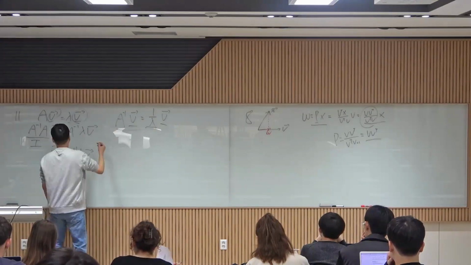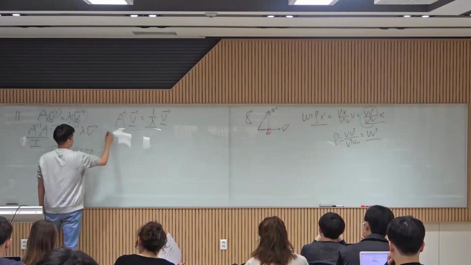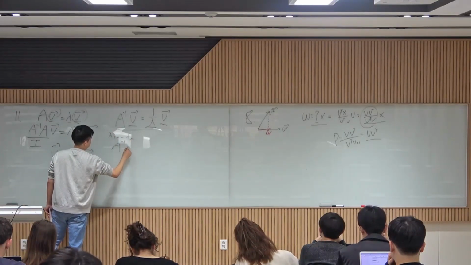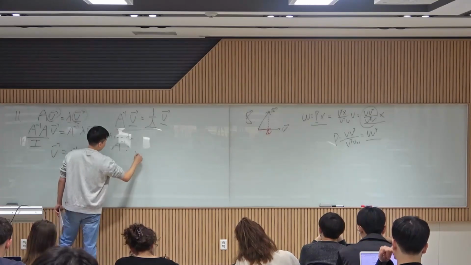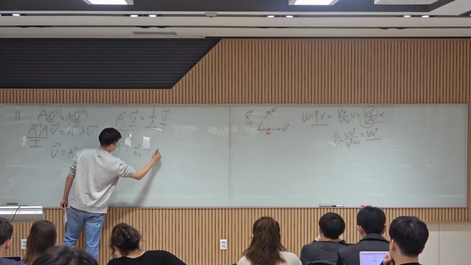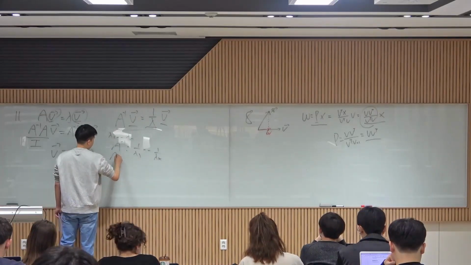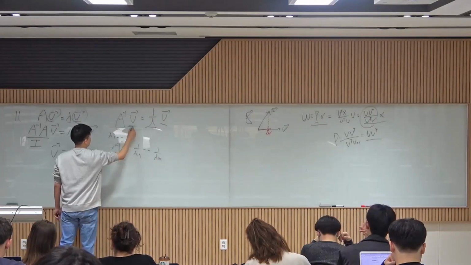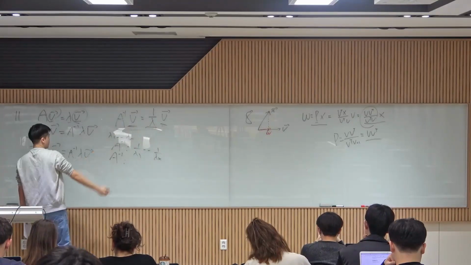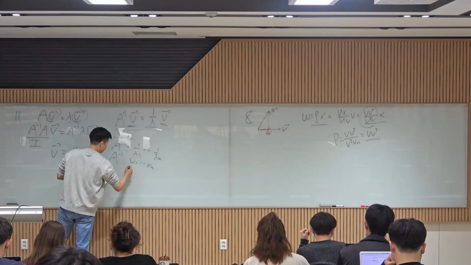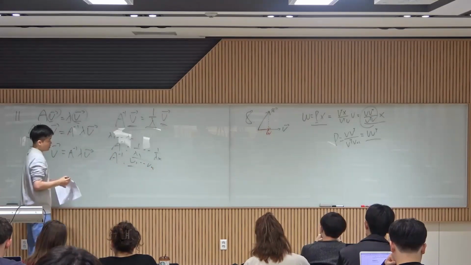So if A's eigenvalues were lambda 1 to lambda k, then A to the negative 1's eigenvalues will be 1 over lambda 1 to 1 over lambda k. And also the eigenvectors will be the same because, as you can see, nothing changed, right? So V1 to Vk. So this was the answer, okay?